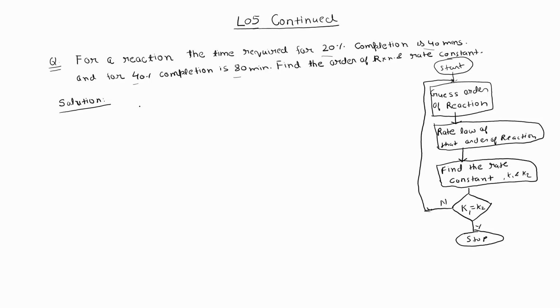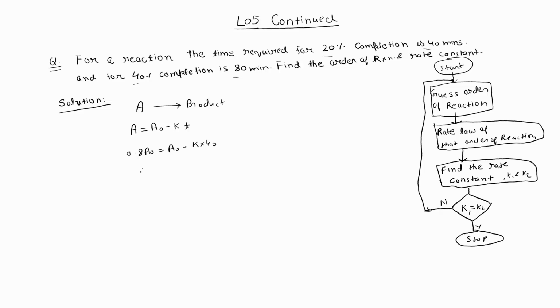So for a reaction of type A gives product, the equation of zero order reaction is A is equal to A naught minus KT. And the question given is 20% completion, that is we have 0.8 A naught is equal to A naught minus K into 40 minutes.